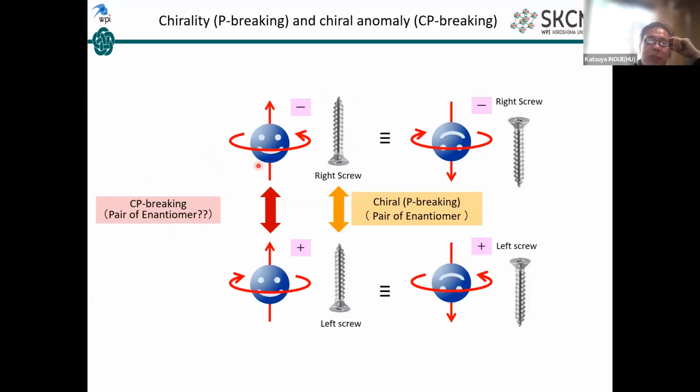When we consider the electron spin angular momentum and the magnetic moment, if it has plus spin angular momentum, the magnetic moment points up. And if it has the opposite sign of spin angular momentum, the magnetic moment goes down.